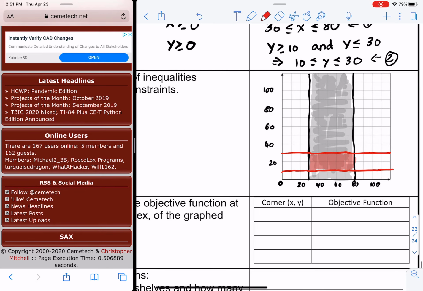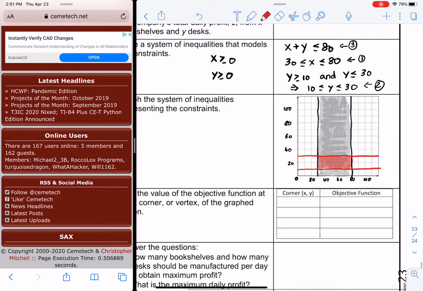And constraint 3 states x plus y is less than or equal to 80, which would mean y is less than or equal to 80 minus x. In slope-intercept form, that's simply negative 1 times x plus 80.